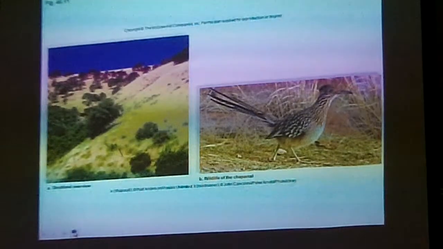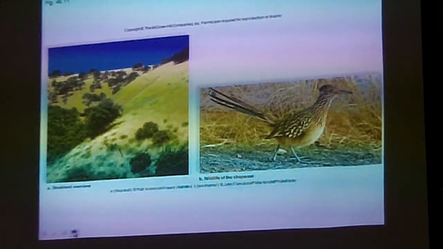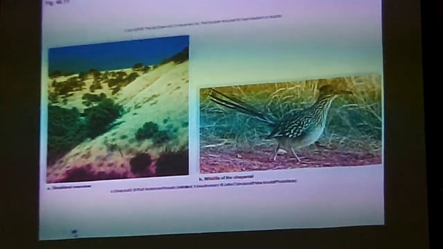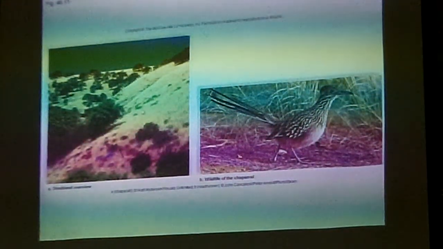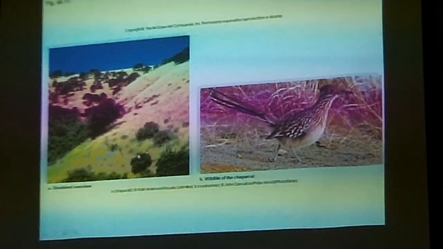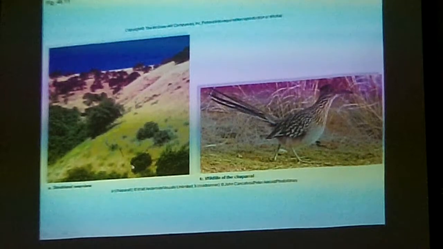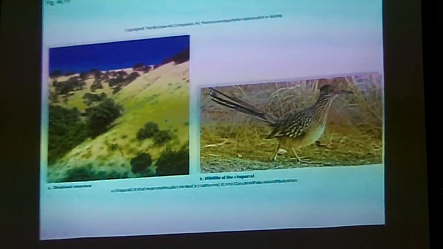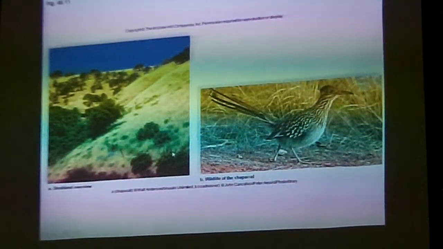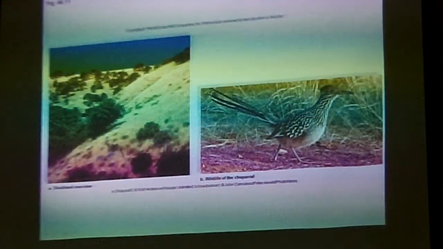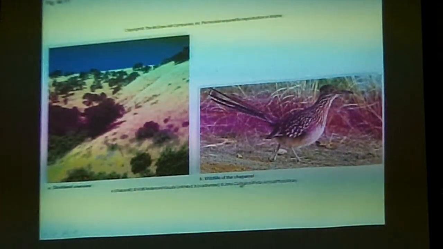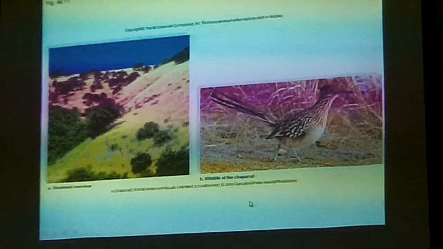This area are shrub lands. That's the next biome that they talk about on page 894. A shrub land is an area that doesn't really have enough rainfall to support trees, but it has enough to support little shrubs, and so that's what we have here, little shrub land. In California, they call this chaparral. You may have heard of that. It's kind of like shrubland.